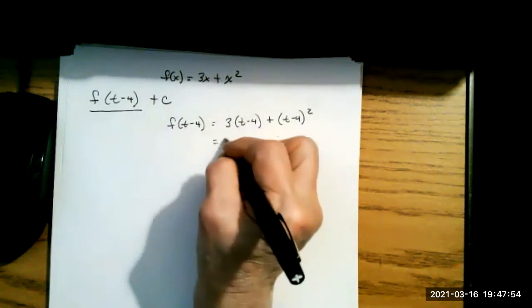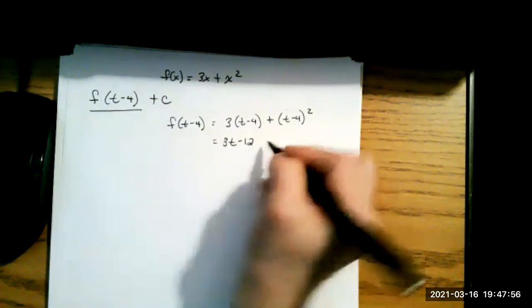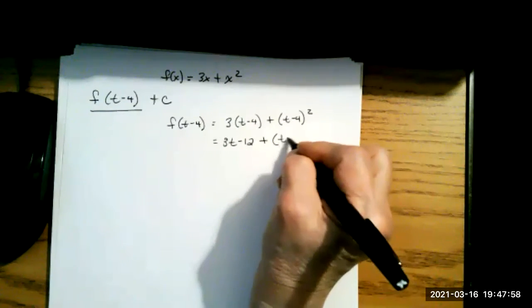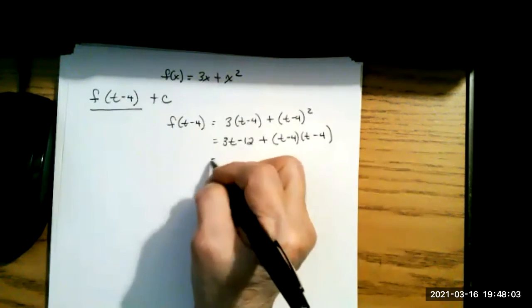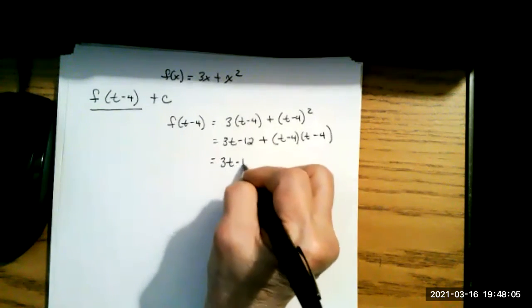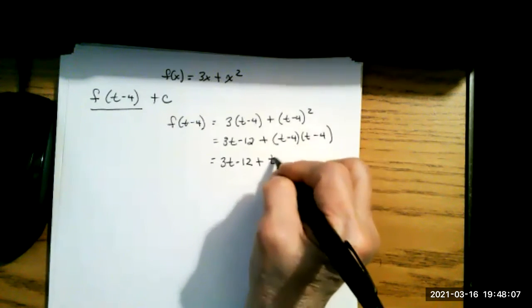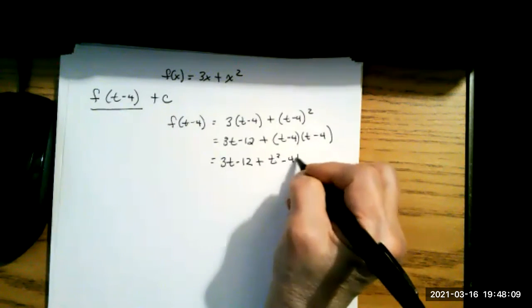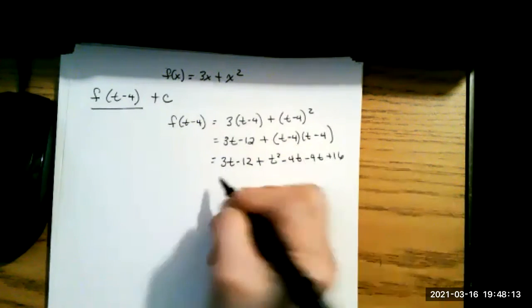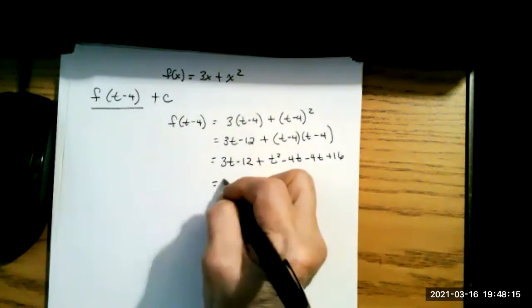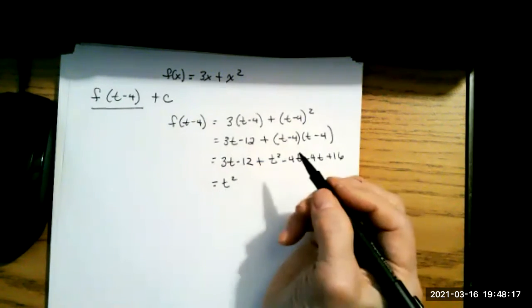So I have 3t minus 12 plus t minus 4 times t minus 4, which is 3t minus 12 plus t squared minus 4t minus 4t plus 16, which is, I'm going to put my t squared in the front.